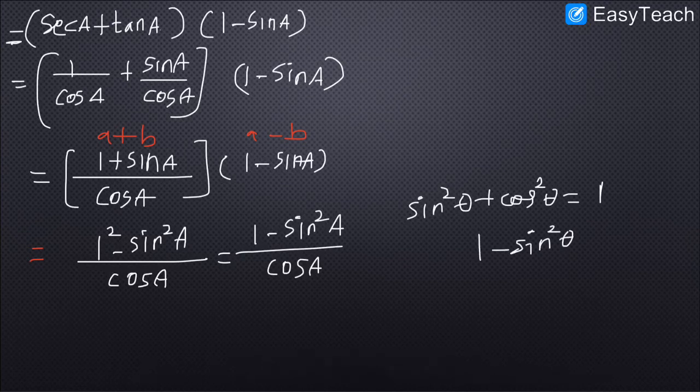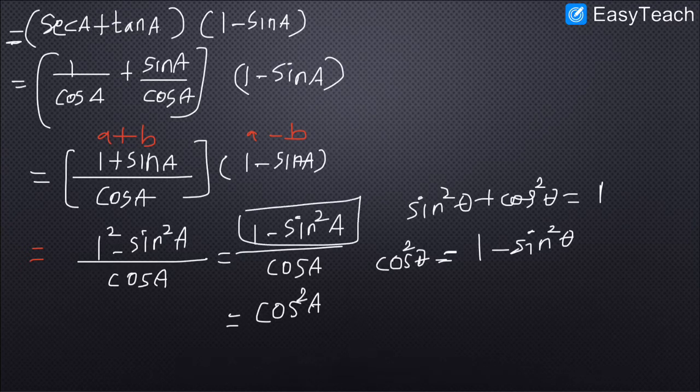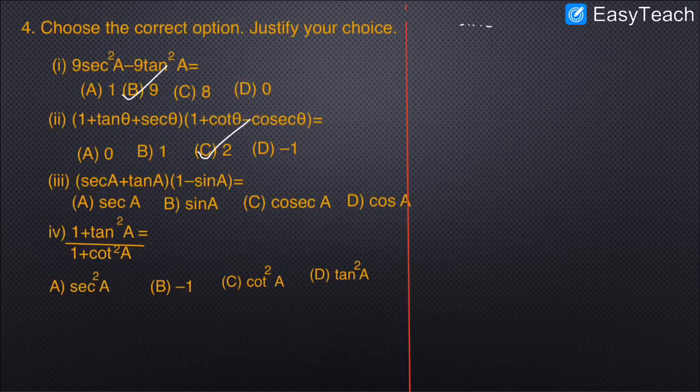Here we have 1 minus sin square theta. So here must be cos square theta. So I write cos square A for this term and divide by cos A. So we can cancel 1 cos A. So remaining is cos A. So the answer is cos A.